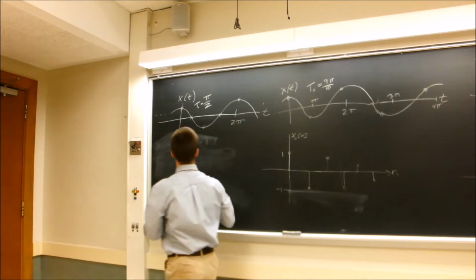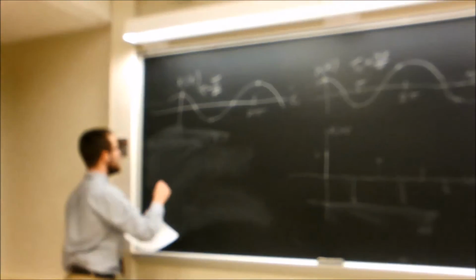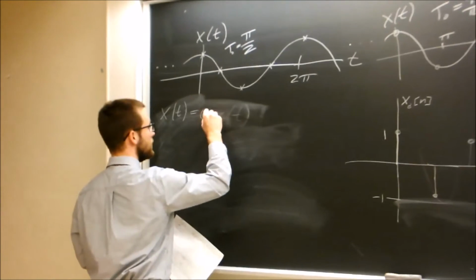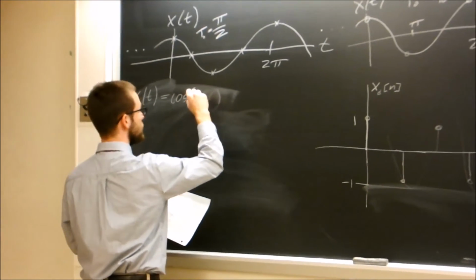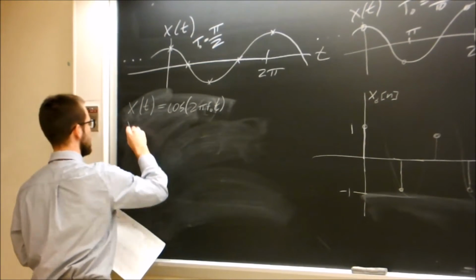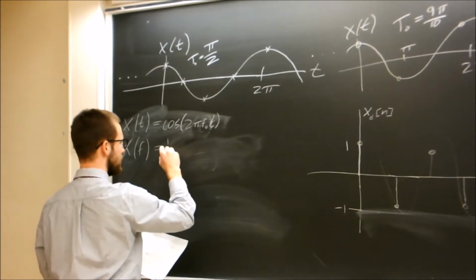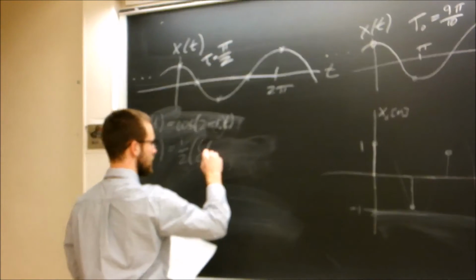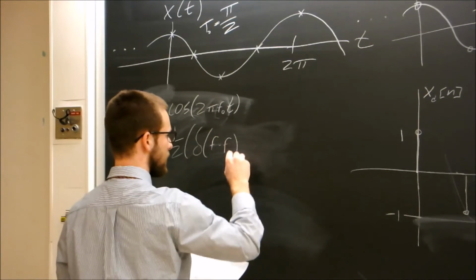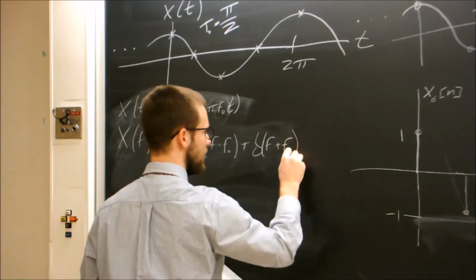And for this one, I'm going to assume that you already know that the Fourier transform of cosine of omega t, or 2 pi f naught t, the continuous time Fourier transform of that is 1/2 delta of f minus f naught plus delta of f plus f naught.